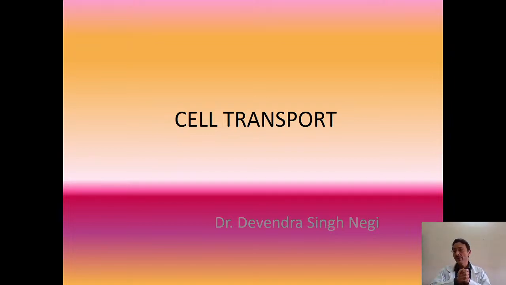But that is not true for all substances. For certain substances, this cell membrane acts as a barrier and does not allow substances to move. So, in between, the continuity of the cell membrane is interrupted by the presence of certain proteins.